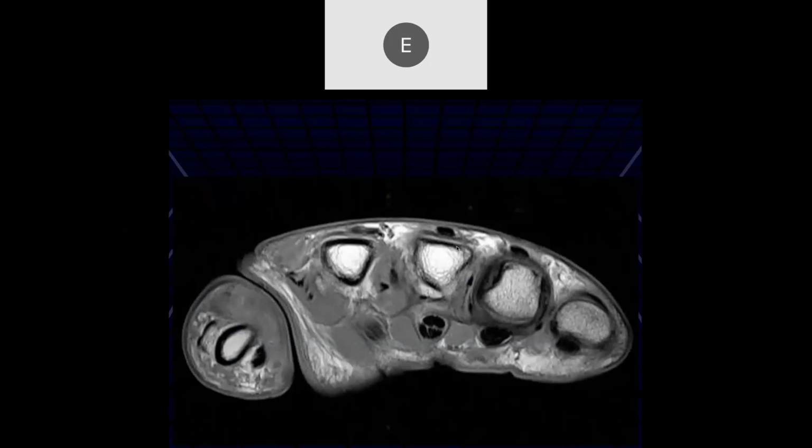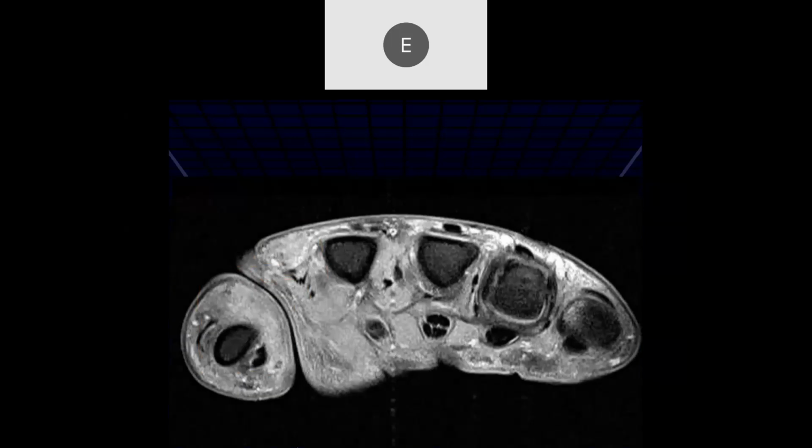All right, so here it looks like a T1 weighted image. Just these lobulated masses in the soft tissues. Maybe some infiltration of the interosseous muscles.